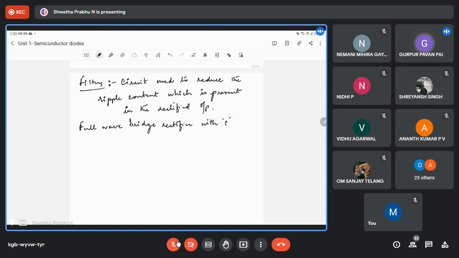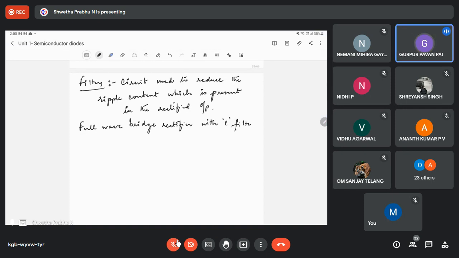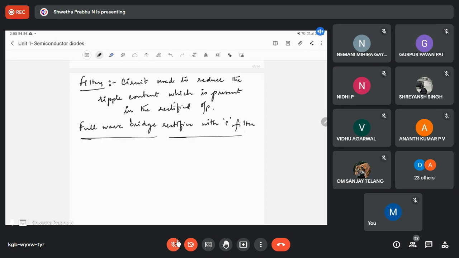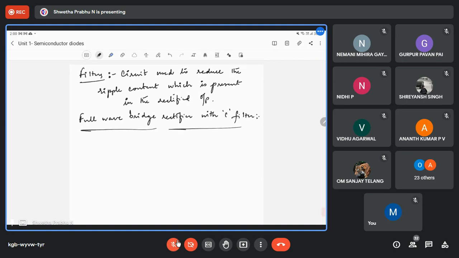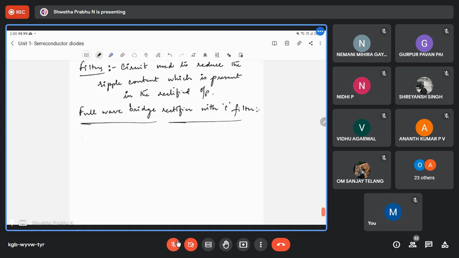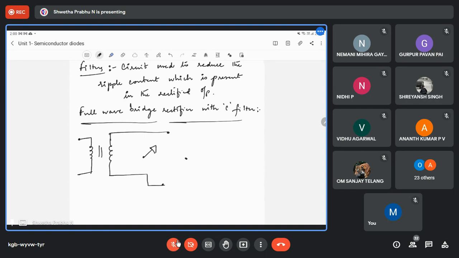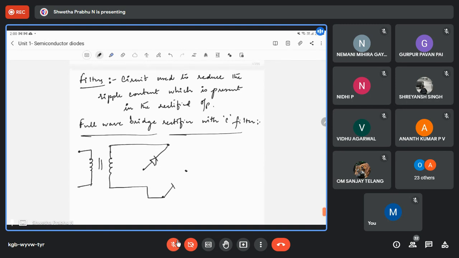Capacitance blocks DC and allows AC. Okay, any other answers?